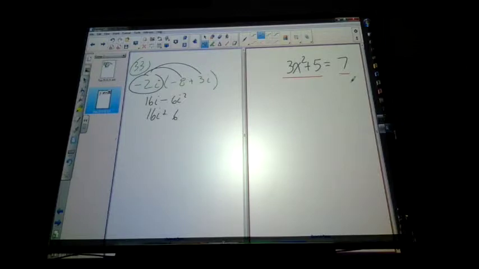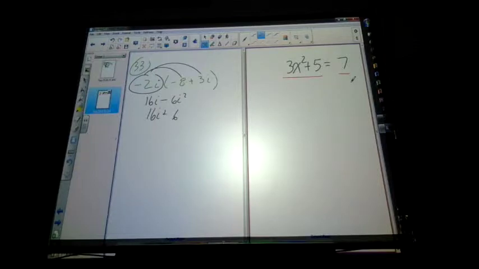What do you have on either side? I basically got 2 equations equal to each other. I have 3x squared plus 5 equal to 7. If I were to graph y equals 3x squared plus 5, what does it look like?